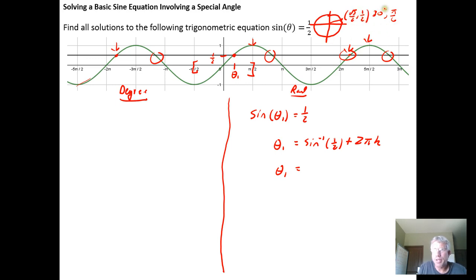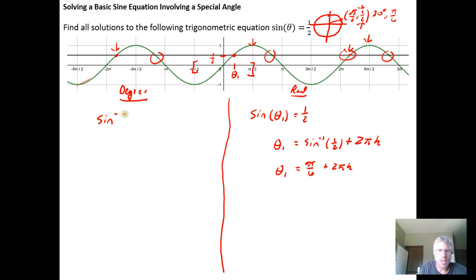So 30 degrees or pi over 6 radians is going to be the angle that generates a side ratio of 1/2. So using my special angles, I see that sine inverse of 1/2 is just going to be pi over 6. And then to get the rest of the angles, I just add on 2 pi k to get the coterminal angles.